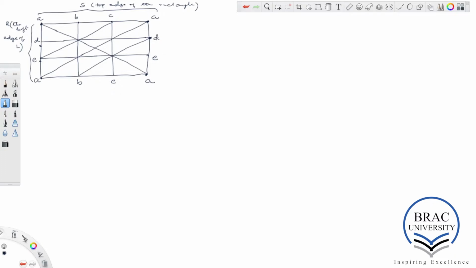And D is here and D is here as well, which means that these two vertices are going to be identified. E is here as well.